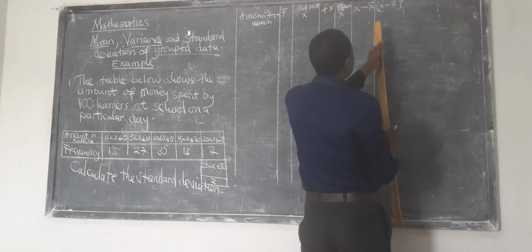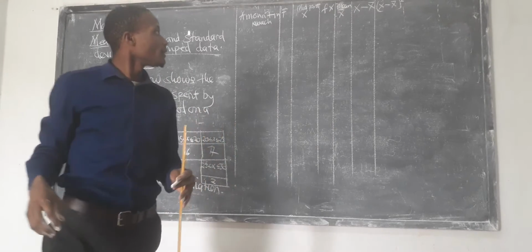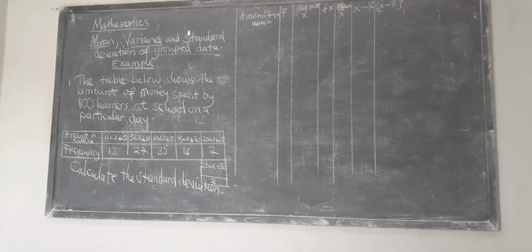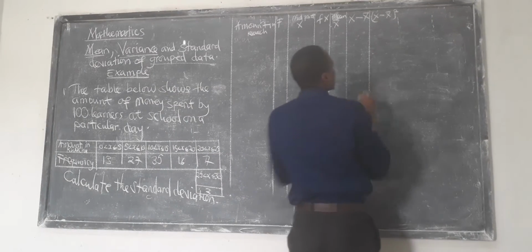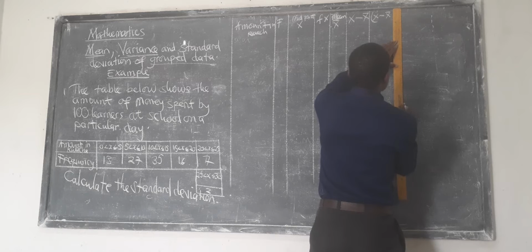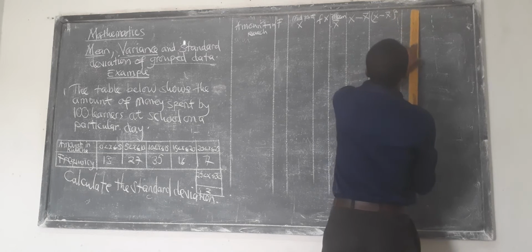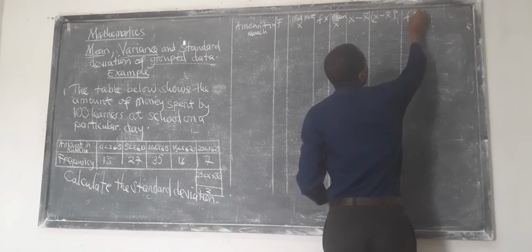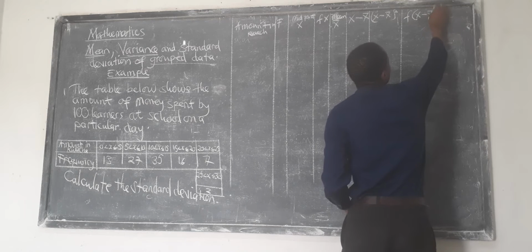Then, when you find x minus mean squared, you put that in the other column, which is the last one, f times open bracket x minus mean, squared. So we need to have that.